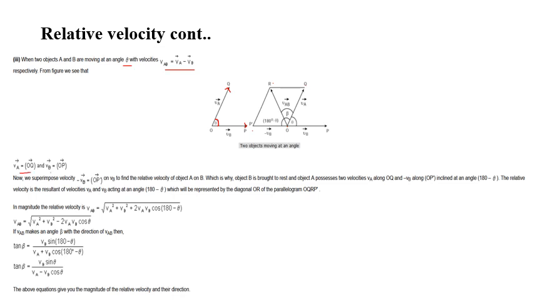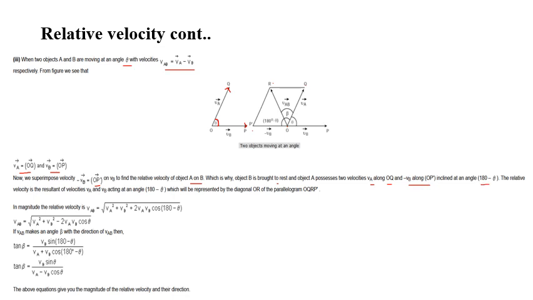VB bar is OP. Now we superimpose velocity minus VB equal to OP dash on VB to find the relative velocity of object A on B, which is why object B is brought to rest and object A possesses two velocities: VA along OQ and minus VB along OP dash, inclined at an angle 180 minus theta.